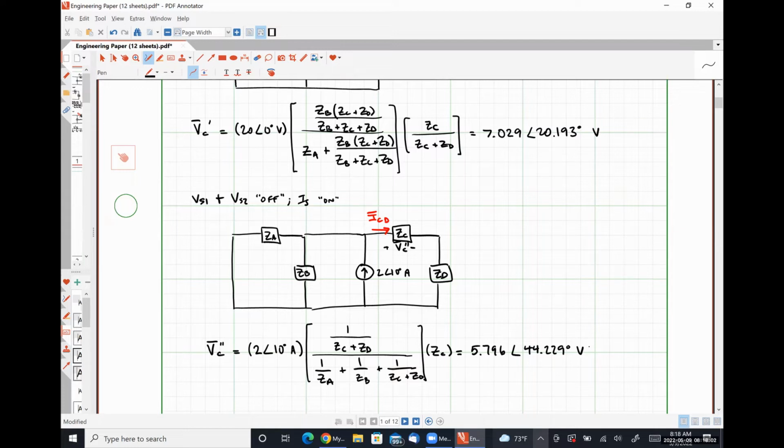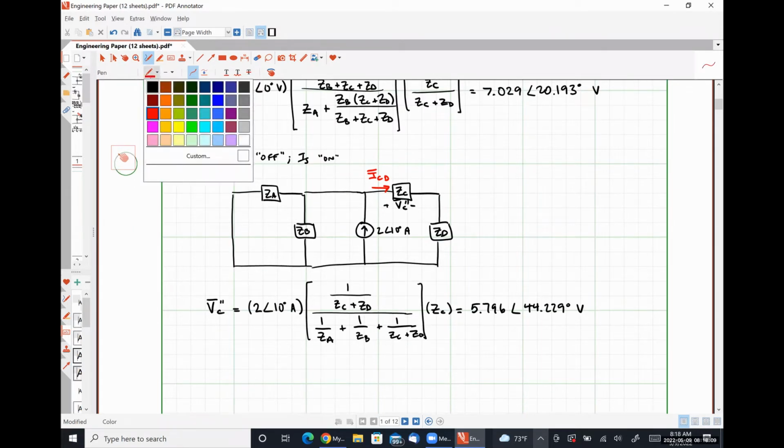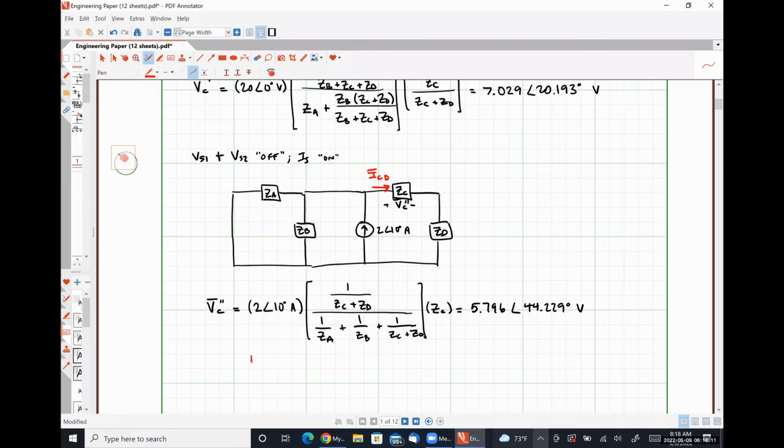So to be clear, what I have done here is I have applied current division, which is this part.